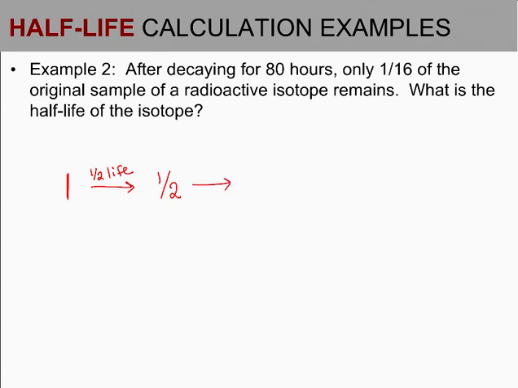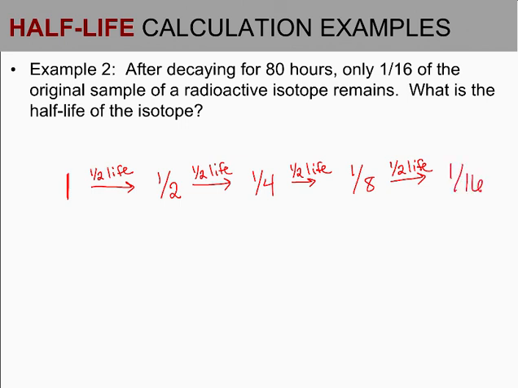And then after another half-life, we have 1/4. And then after another half-life, we have 1/4 divided by 2, that would be 1/8. And then we have one more half-life, and that gets us to 1/16.